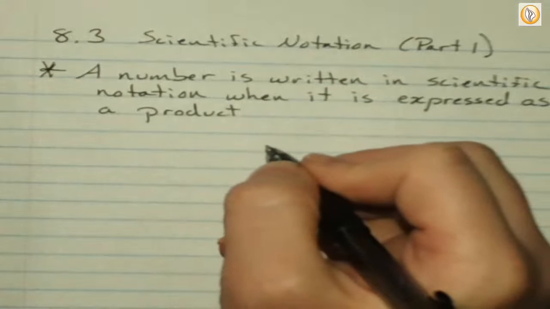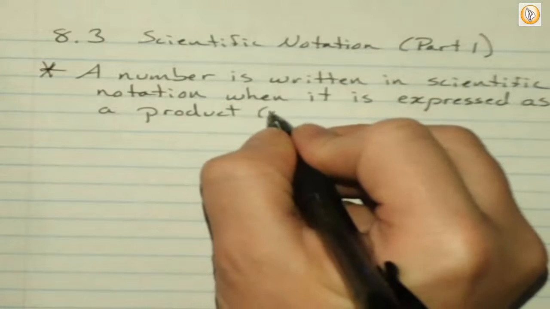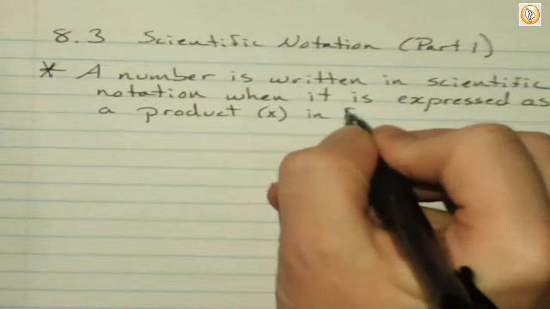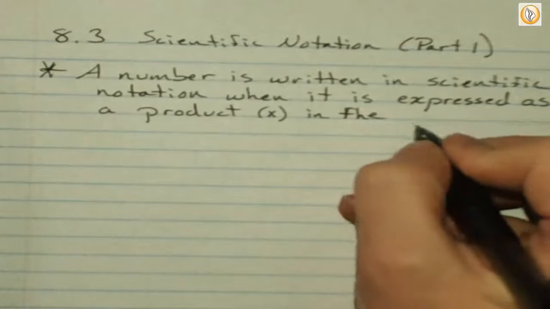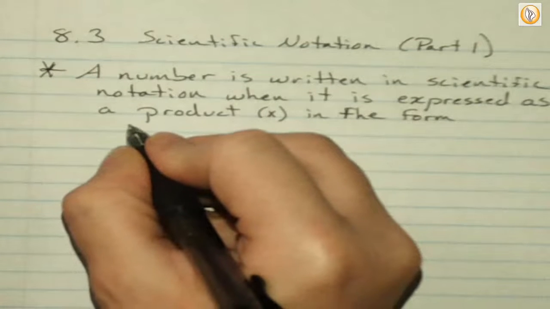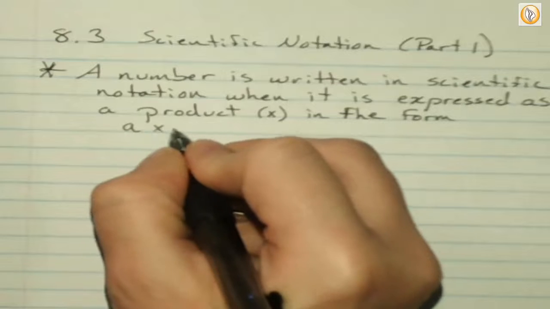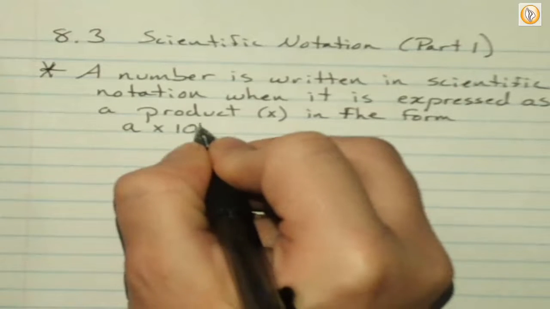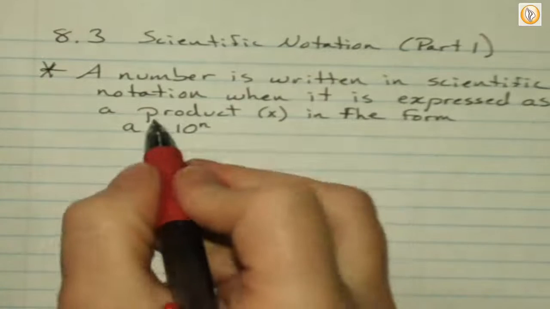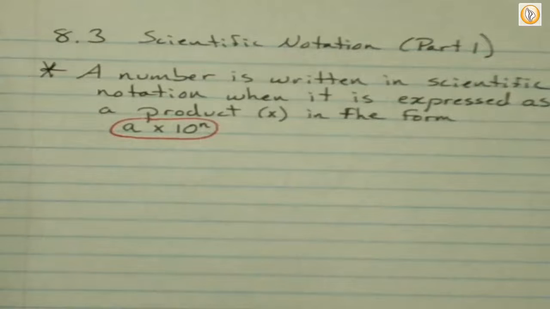What's product again? Answer to a multiplication problem. So I'm putting a little X there. In the form A times 10 to the nth power. I'm going to circle that. That's the form.